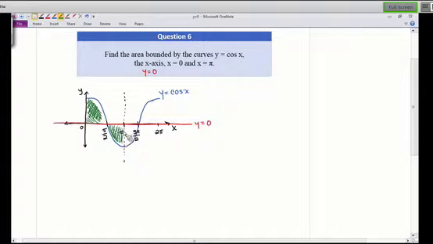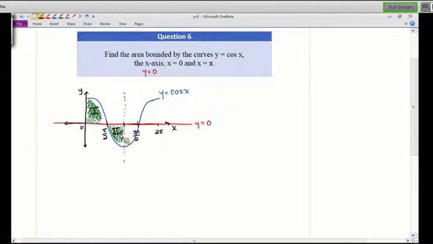Any questions as to how I'm identifying my shaded regions? Now I am going to label my two shaded regions. This is my first shaded region, and this is my second shaded region.